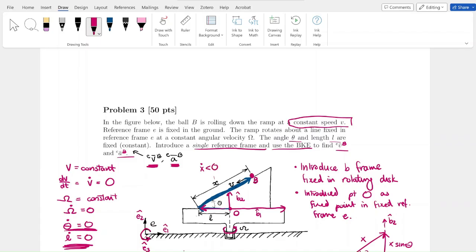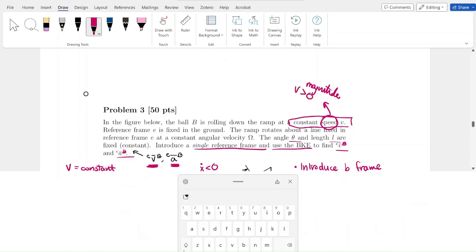But here, they also gave this problem this constant speed v, and it's pointing downhill. This can be a source of confusion, but the key thing to know is that speed is not a vector, so it's only a magnitude. So you won't have a negative speed. That's why v is going to be positive.